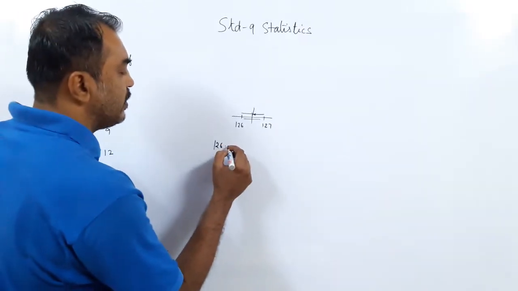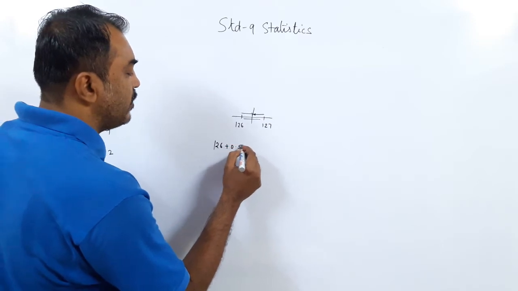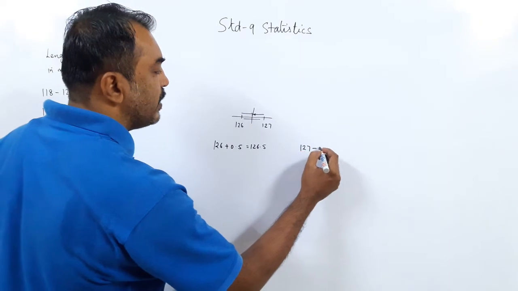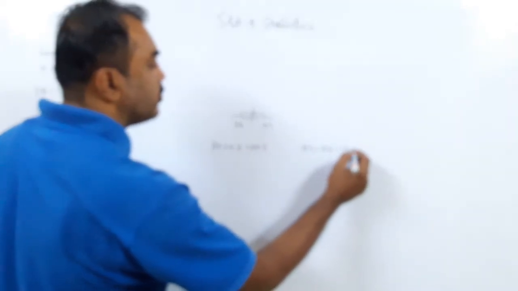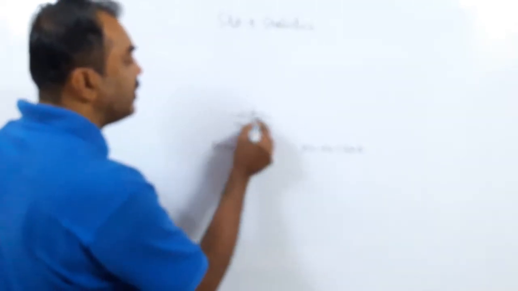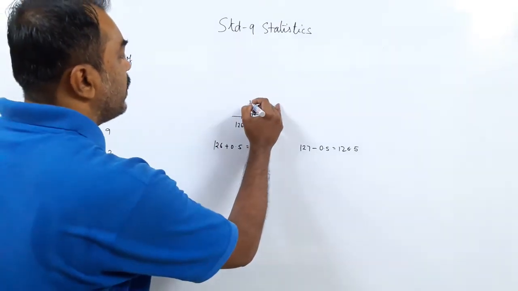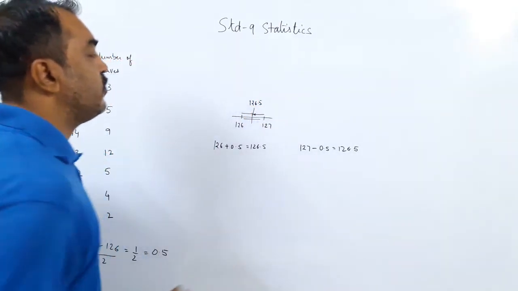So 126 plus 0.5 equals 126.5, and 127 minus 0.5 also gives me 126.5. So how did I fill this gap? There was a gap of 1. I took 2 parts of the gap. The upper limit I increased, the lower limit I decreased. So it came exactly to 126.5.